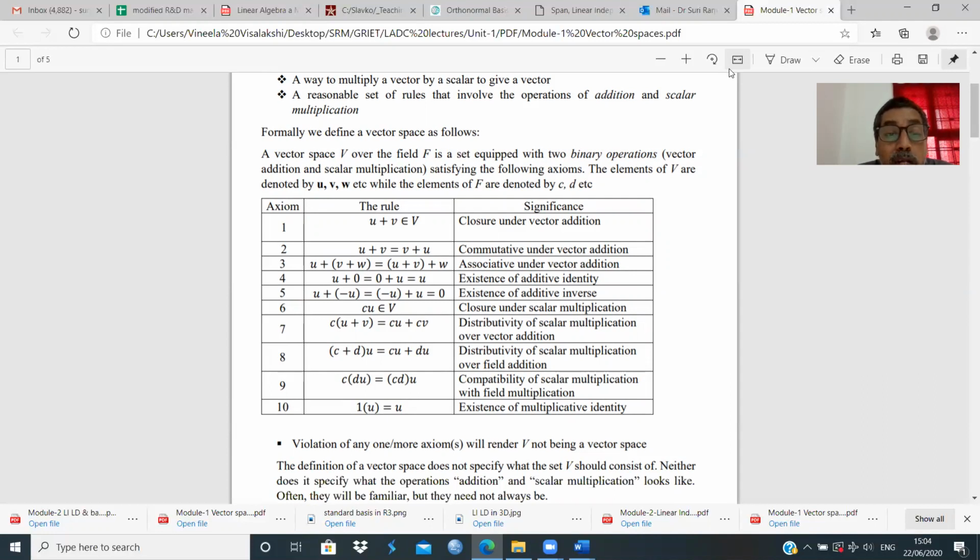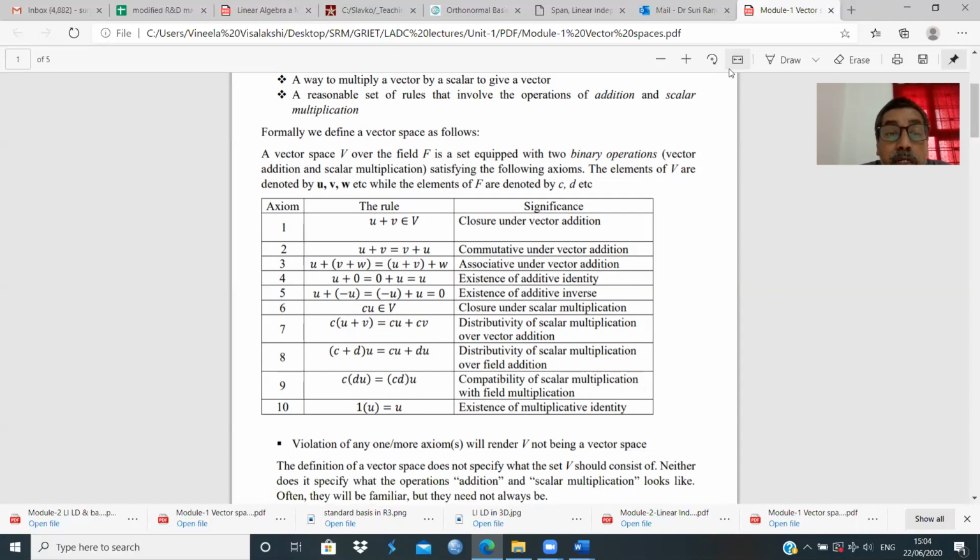Axioms 1 and 6 correspond to vector addition and scalar multiplication. For two vectors u and v, u plus v must return back a vector, so that is called closure under vector addition. And if you look at 6, multiplying any vector u with a scalar must return back a vector, so c times u should again belong to the space V.